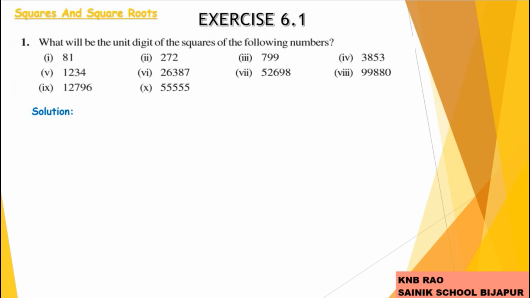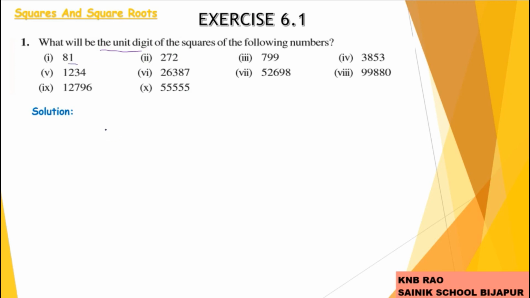The first main question is, what will be the unit digit of the squares of the following numbers? So students, if I want to say the units digit of the square of the following numbers, I have to watch their units digit.